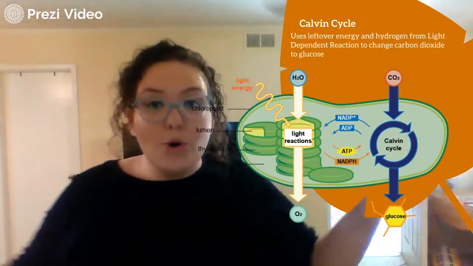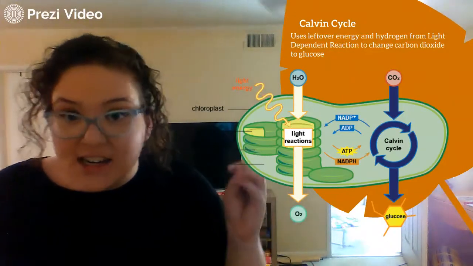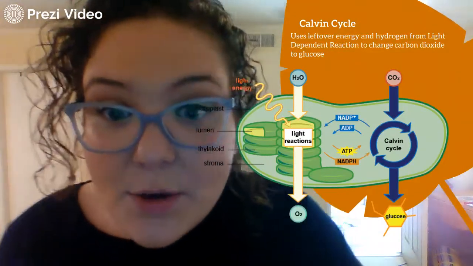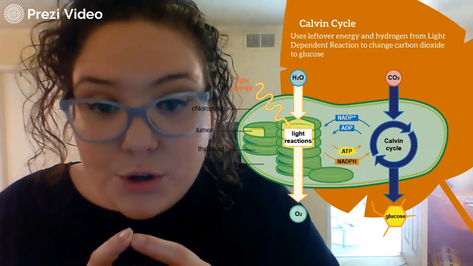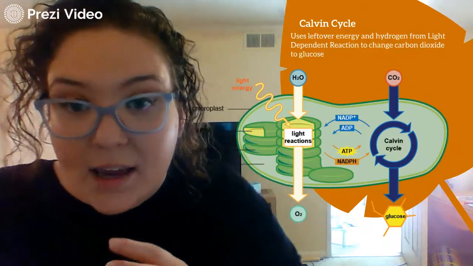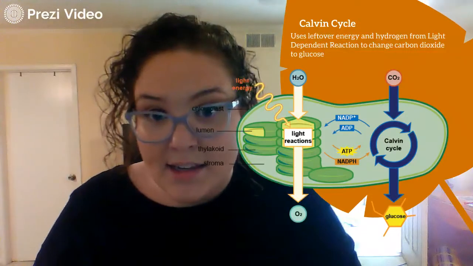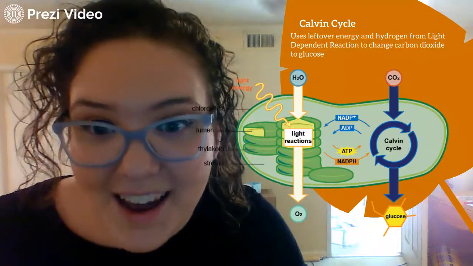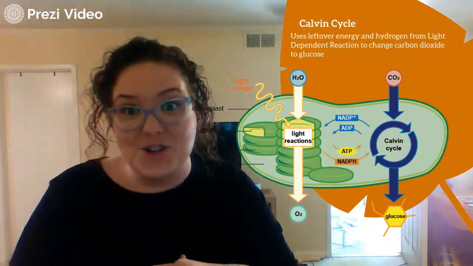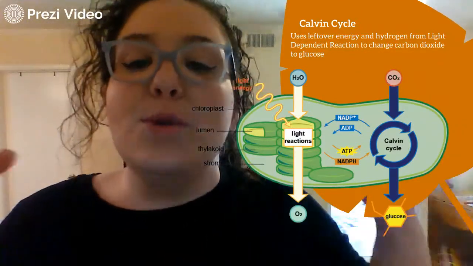That is your whole process of photosynthesis in a nutshell. That is exactly what's happening inside a plant cell during photosynthesis. We're taking water, we're taking light, and we are taking carbon dioxide to make oxygen and sugar, glucose, so humans and animals can eat.